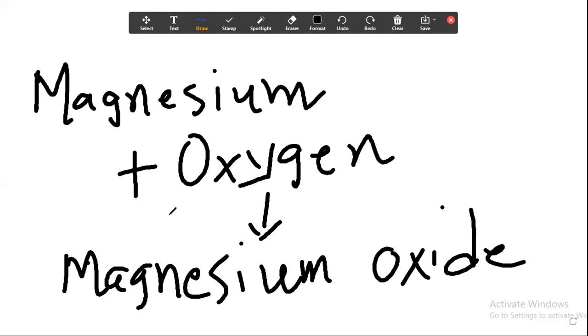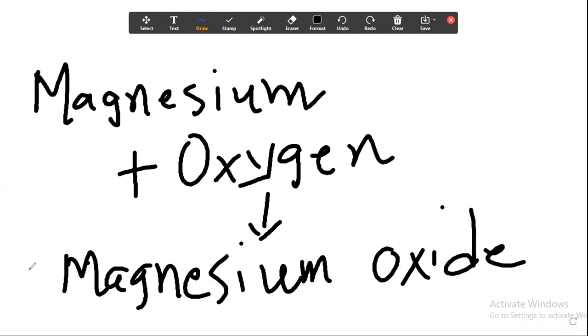Now imagine that for all the chemical reactions that happen around us that we want to study, we have to write it in words every time. How much time it will consume, isn't it? Also, we won't get information on how many atoms of magnesium or oxygen are being used. We won't recognize what this compound being formed, magnesium oxide, is, or what its representation in terms of chemical formula will be.